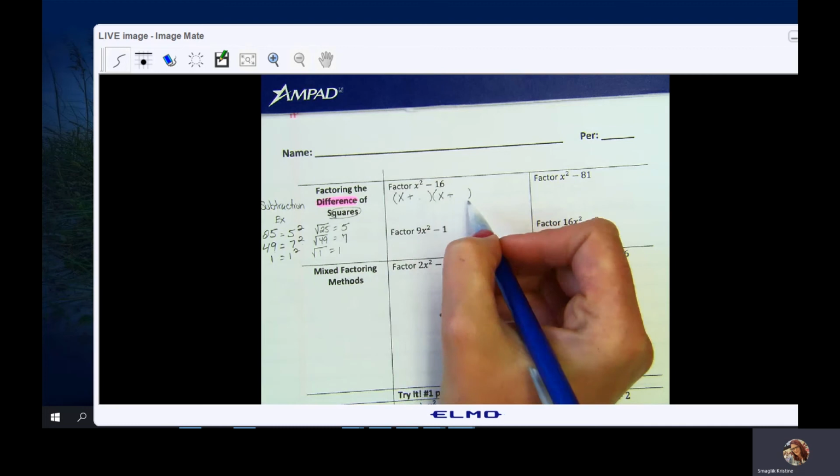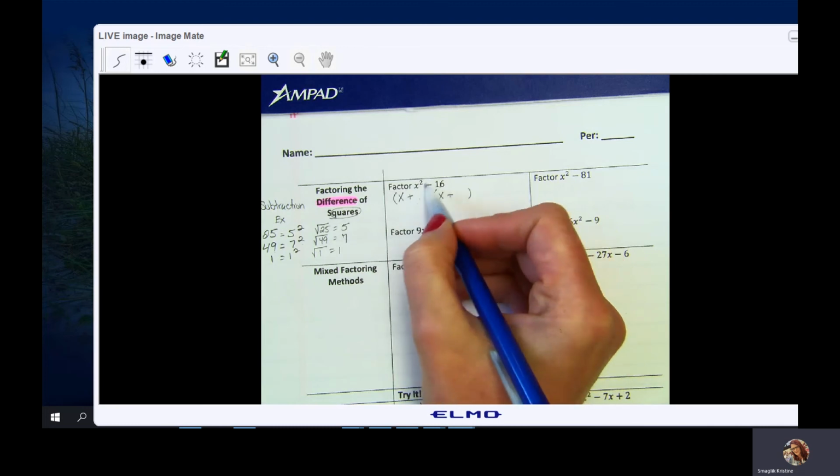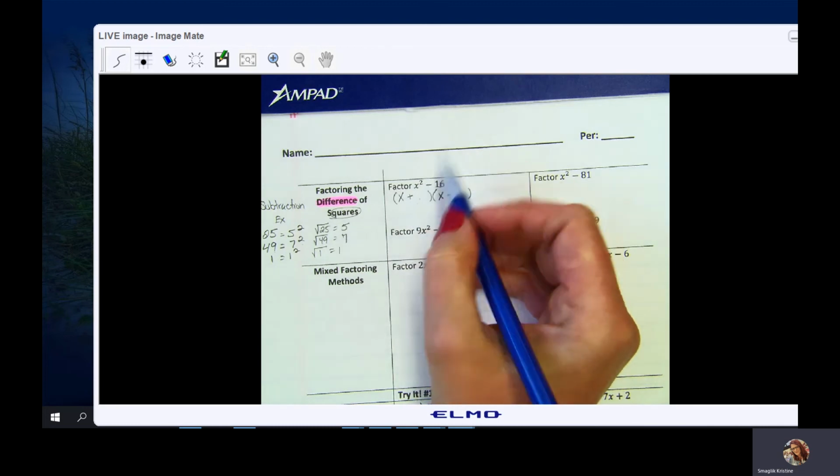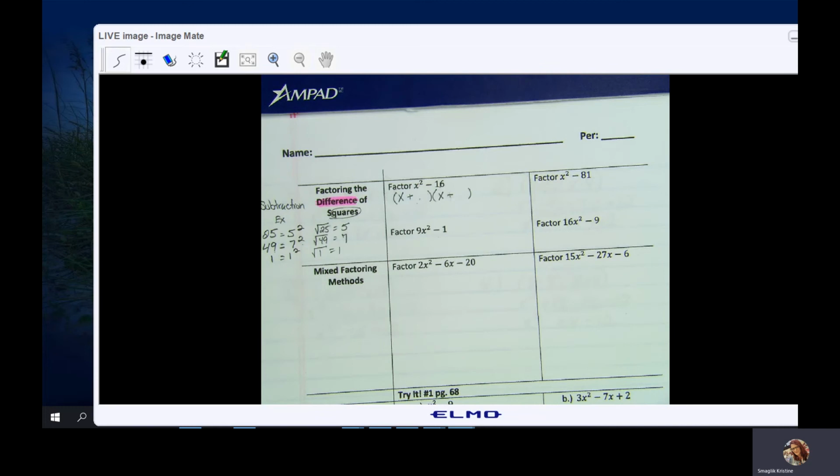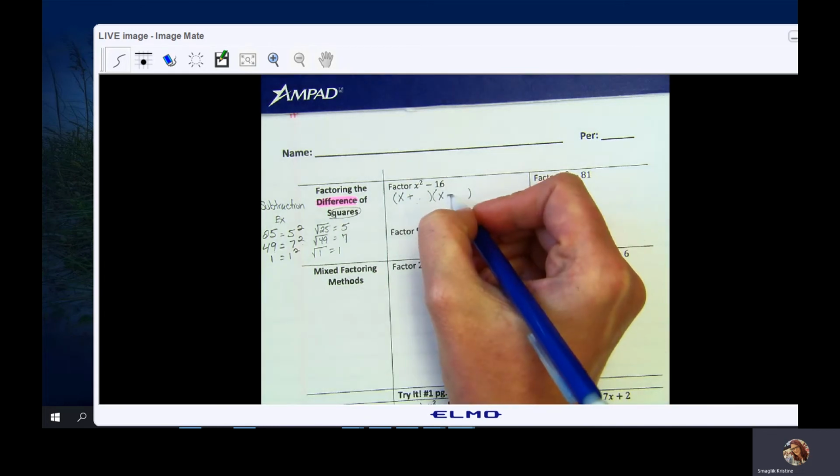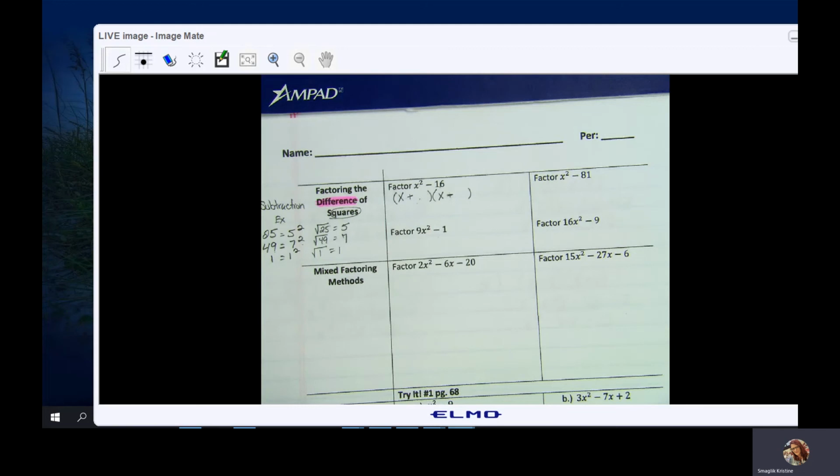Now I just need my number. Notice you don't have a middle term. So what two numbers can I multiply to get negative 16? One would have to be positive, one negative, and if I add them, I get 0. The answer would be positive 4, negative 4.